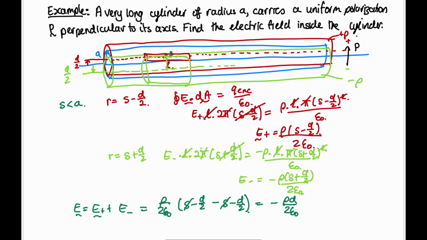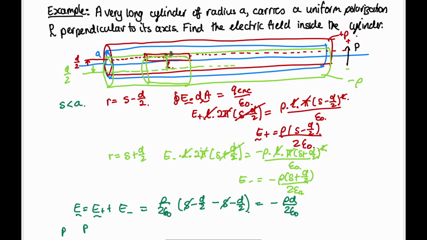Okay, now the problem is that in the question we were given the polarization, and this is not in terms of the polarization. This one is in terms of rho. So what we're going to want to do is replace rho with an expression for the polarization. So we know that the polarization is the dipole moment per unit volume.